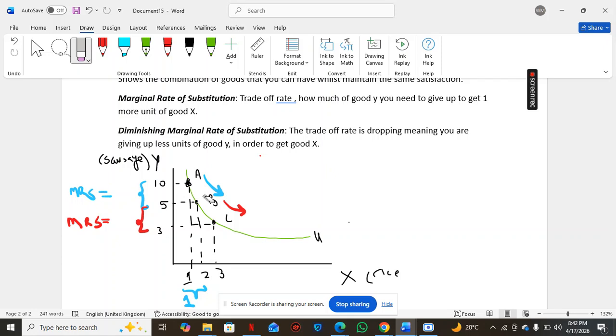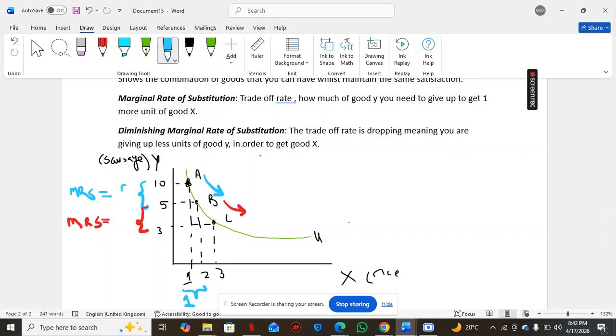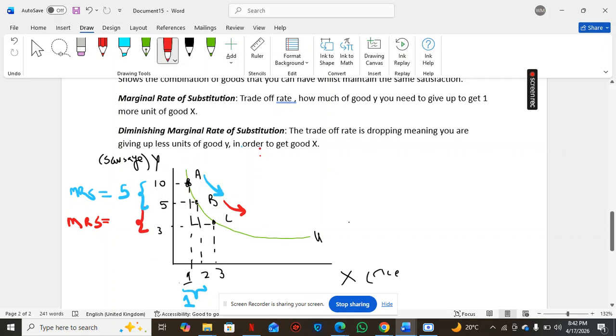From A to B, you've given up 5 sausages. Okay, so your marginal rate of substitution is 5. Then from B to C, you have now given up 2 sausages. Okay, your marginal rate of substitution is now 2.